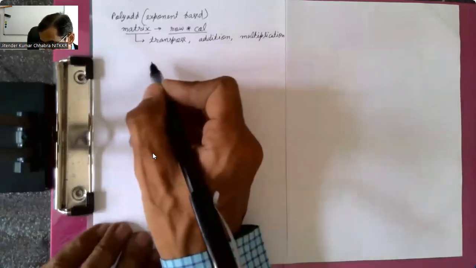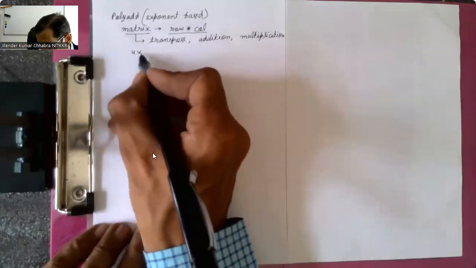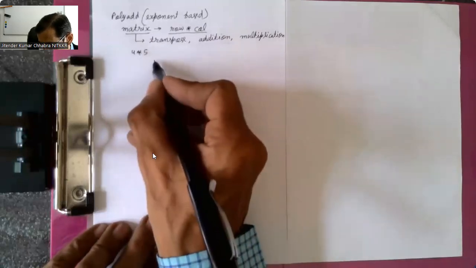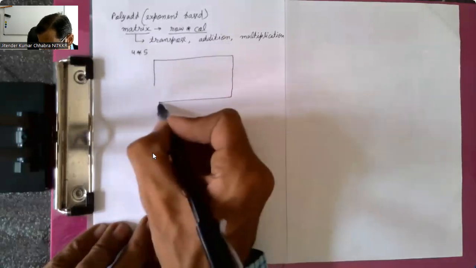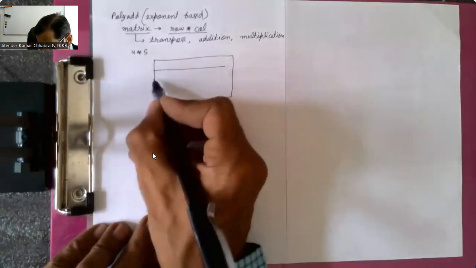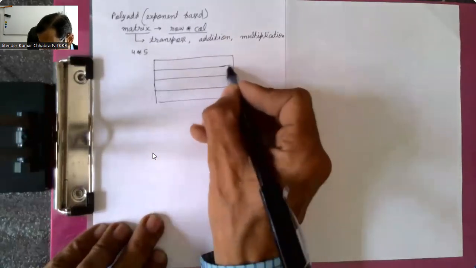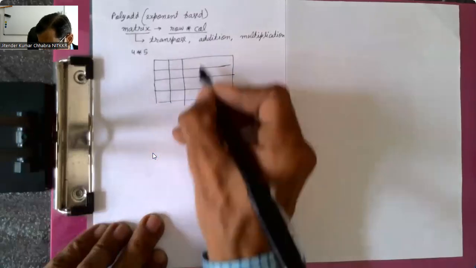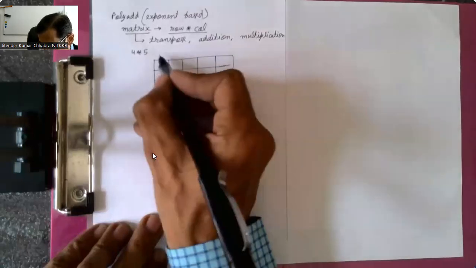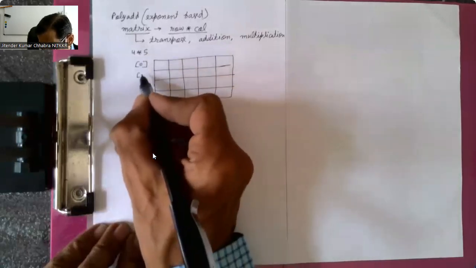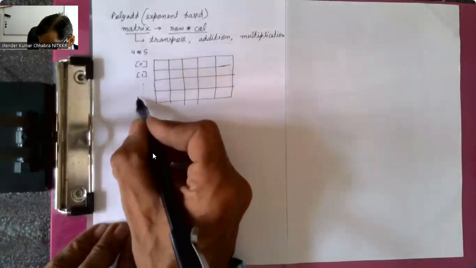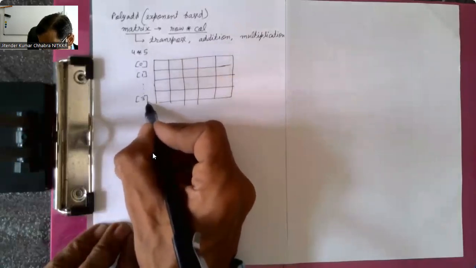Let's say I have a matrix of order 4 into 5, so effectively I have 4 rows and 5 columns. And because we are storing in C programming, we know that the default numbering is 0 onwards.